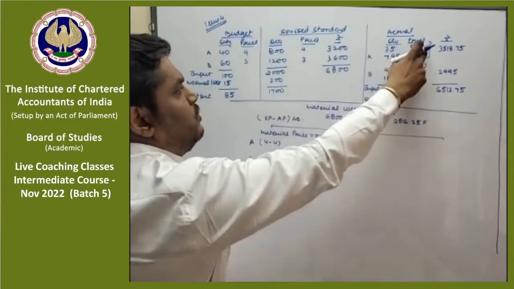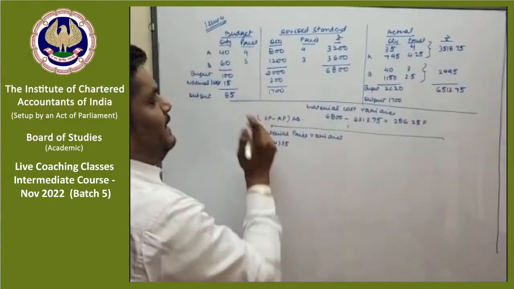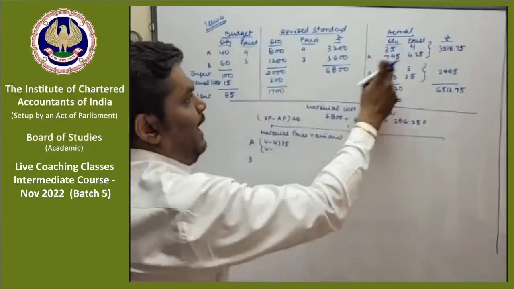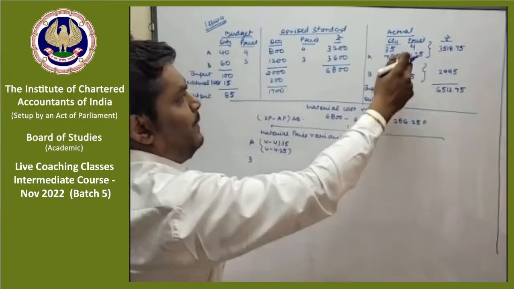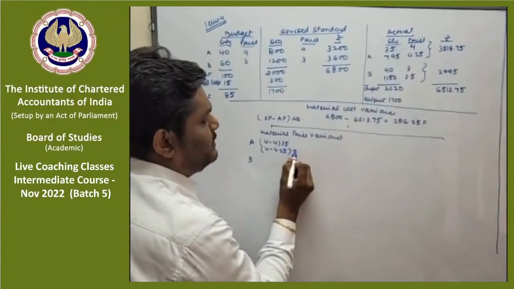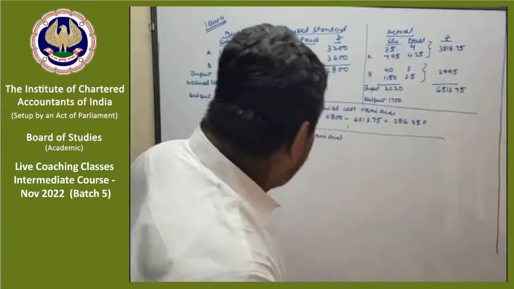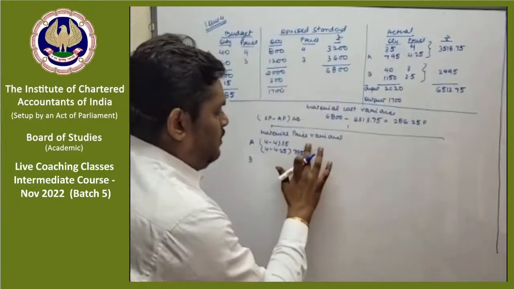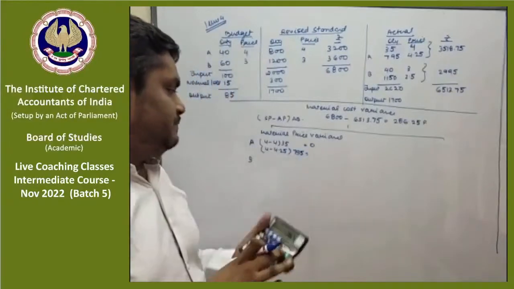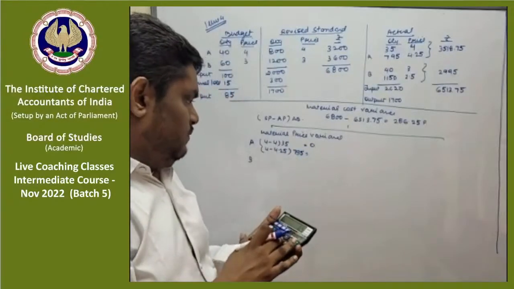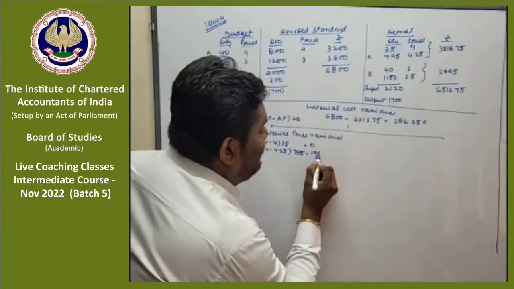Actual price is also 4 for 35 units. Similarly, standard price 4 and actual price is 4.25 for how many units? 795 units. So this will be the material price variance for A. So this will be 0 and this will be 198.75.